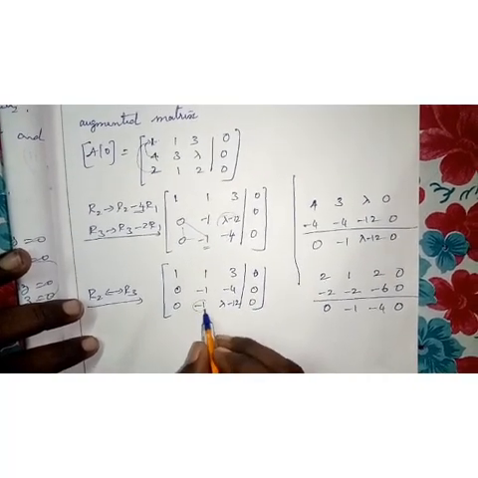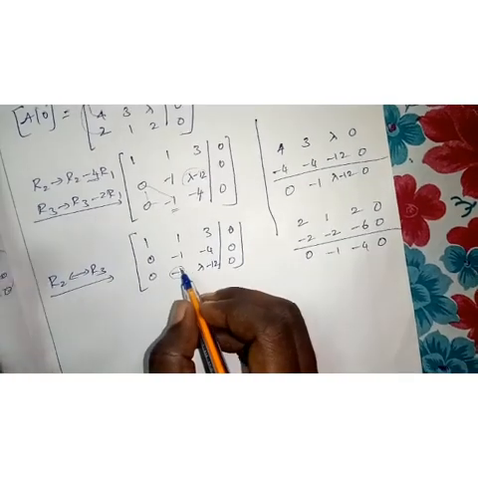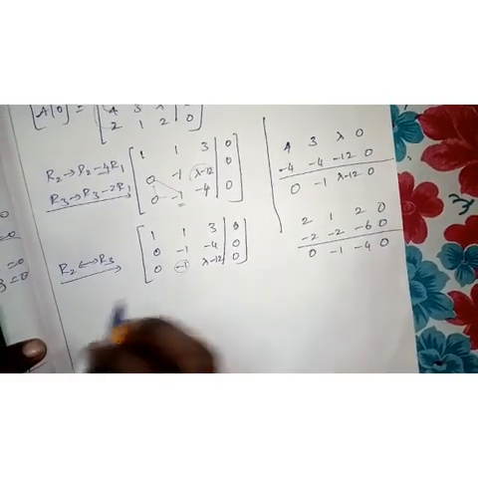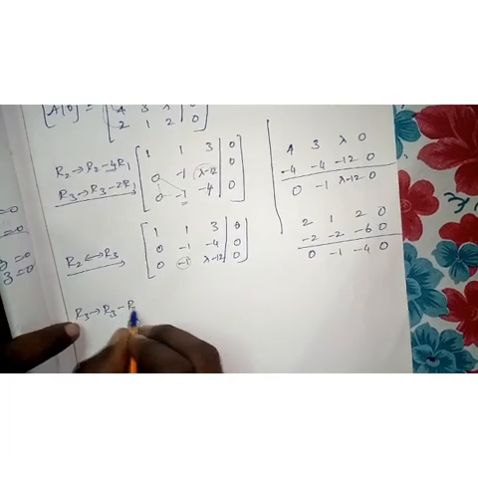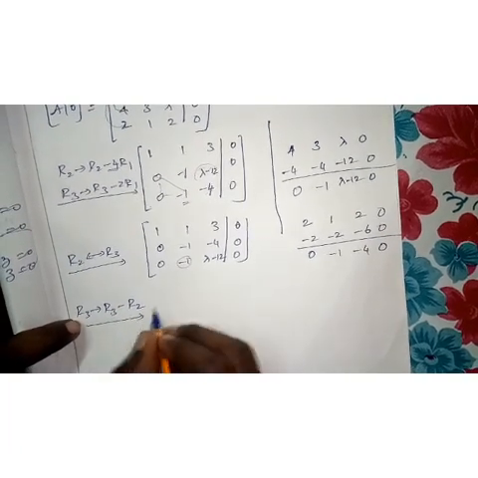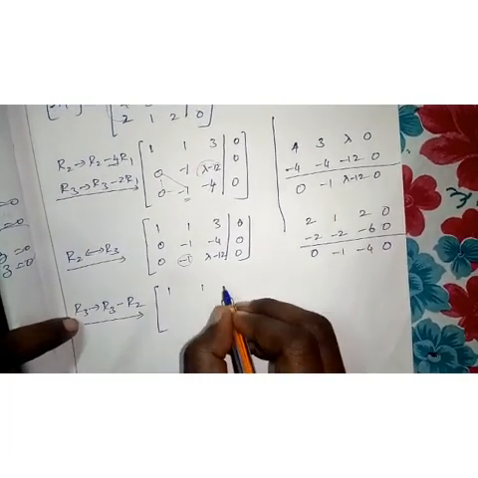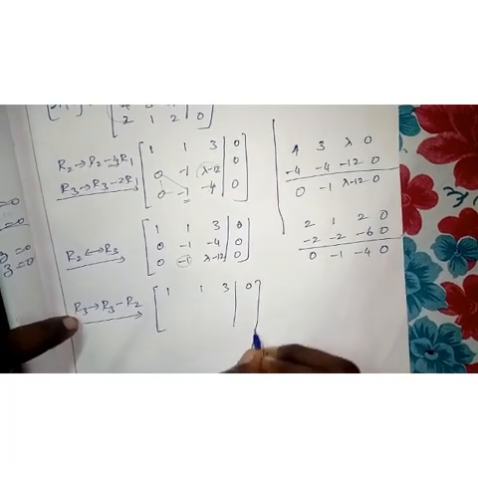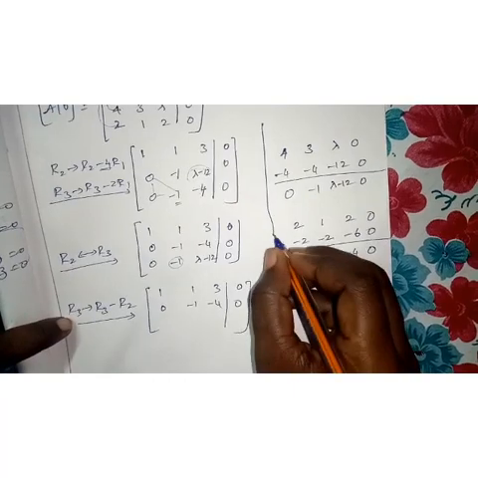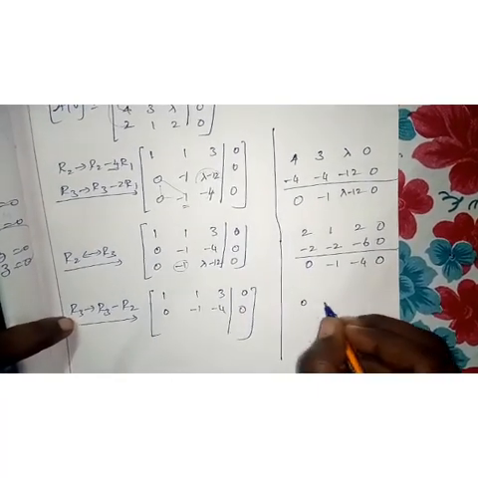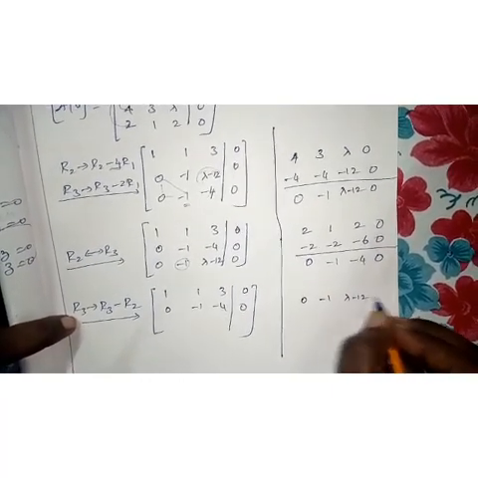I want to make this row 0, so shall I subtract these two rows? R3 gives R3 minus R2. So what is the answer?